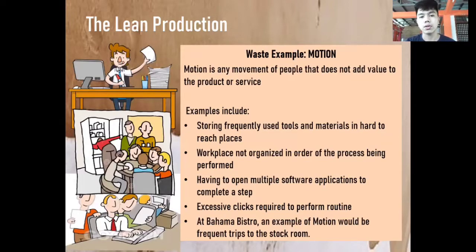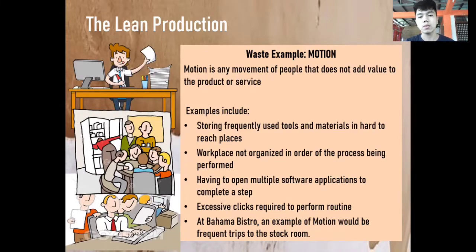Motion. Motion is every movement of people that does not add value to the product or service. Examples are storing frequently used tools and materials in hard-to-reach places, a workplace not organized for the process being performed, having to open multiple software applications to complete a step, and excessive clicks required to perform routine tasks. At Bahama Bistro, an example of motion would be frequent trips to the stock room.